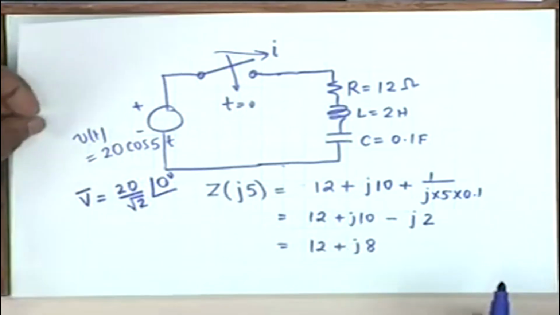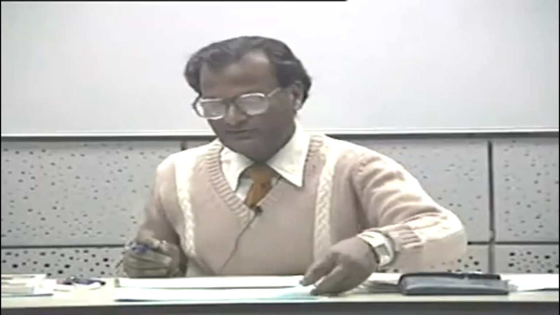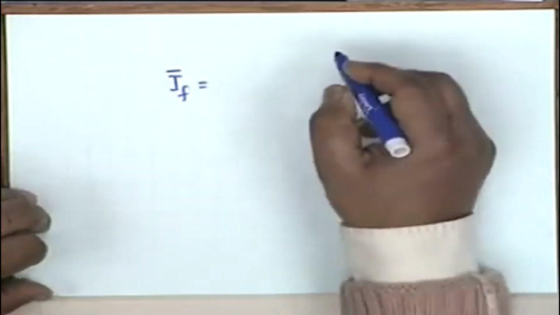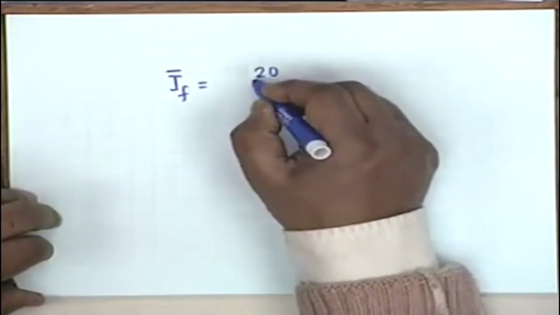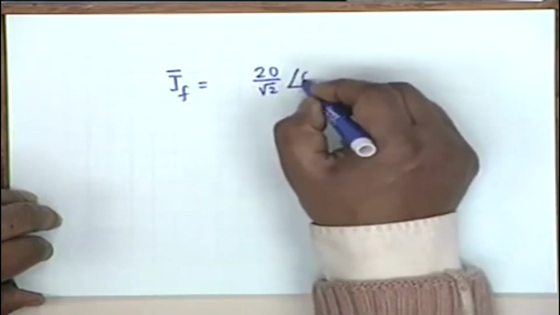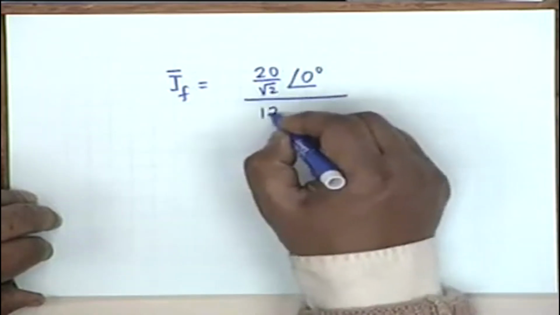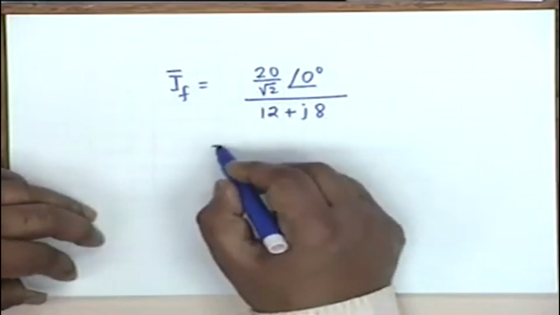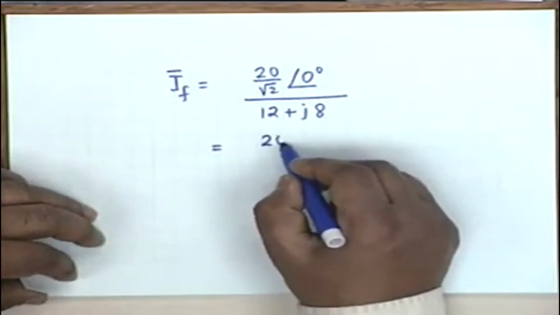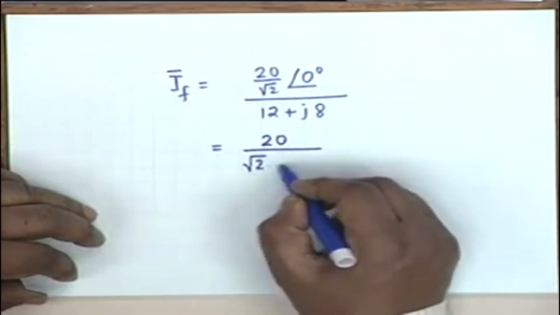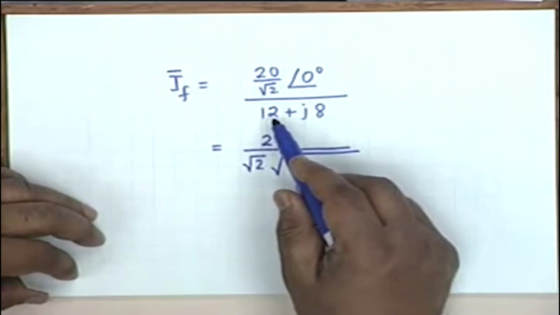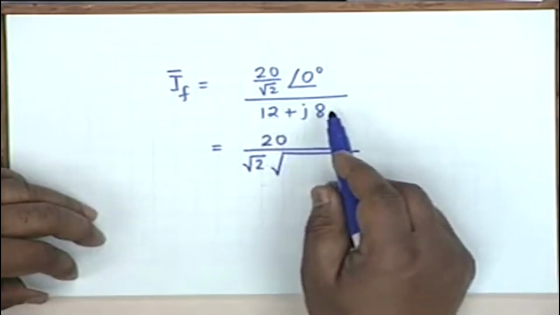Therefore the forced current phasor If shall be equal to the voltage, 20 divided by root 2 at 0 degrees, divided by 12 plus j8, which I can write as 20 divided by root 2 times the square root of 144 plus 64.